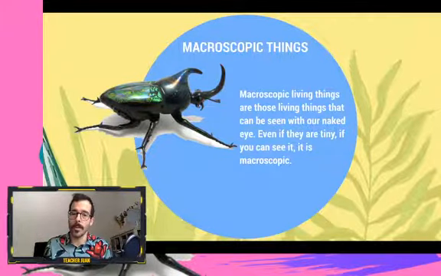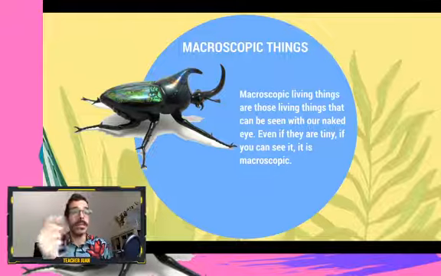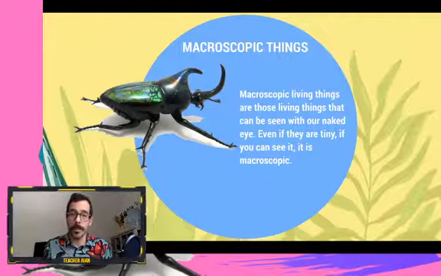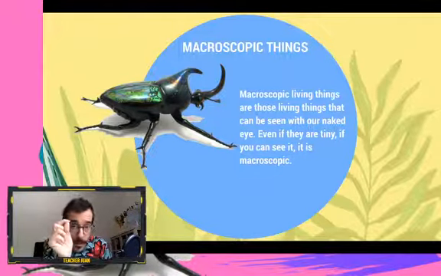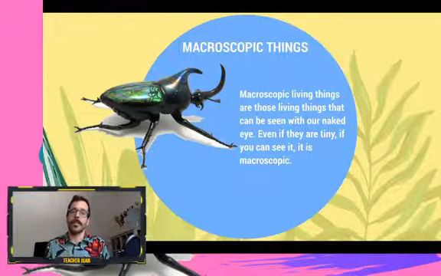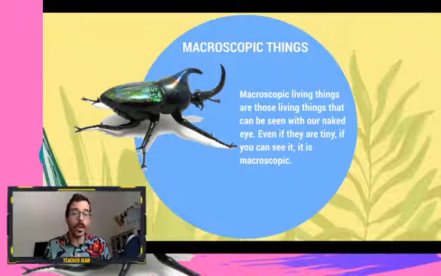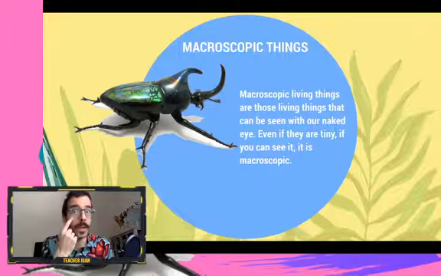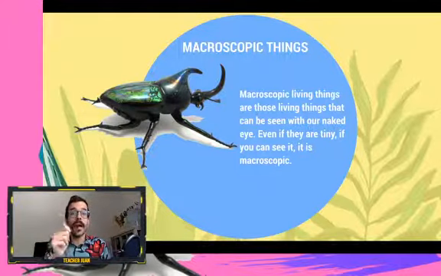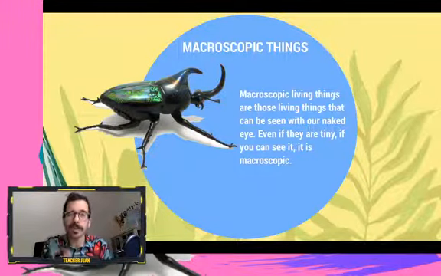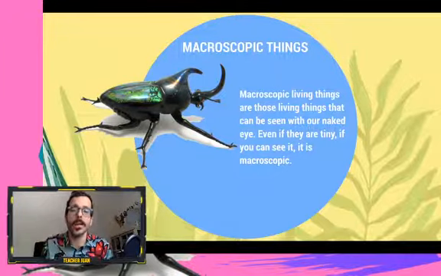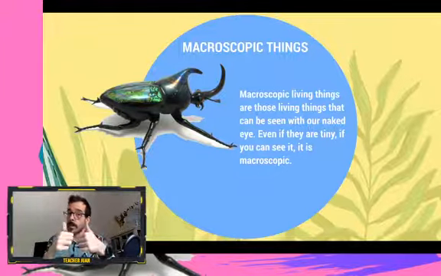A dog, macroscopic. But even smaller, like insects, a fly, macroscopic. A flea that is super tiny, microscopic? Okay? All of them, if you can see it with your naked eye or with the help of a magnifying glass, it's macroscopic. Okay? Macroscopic.